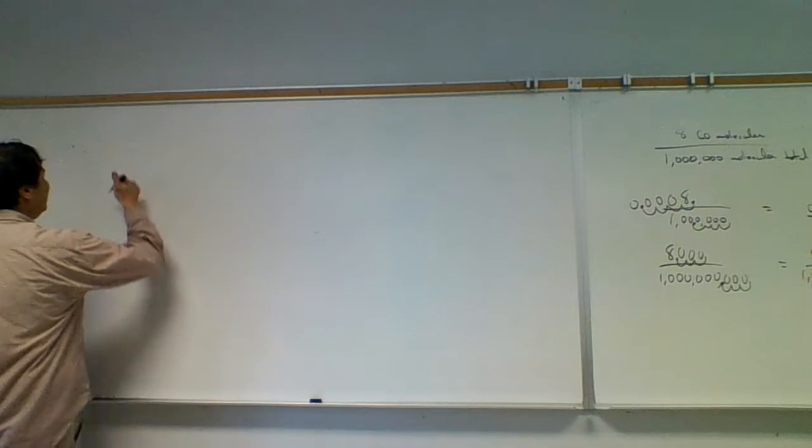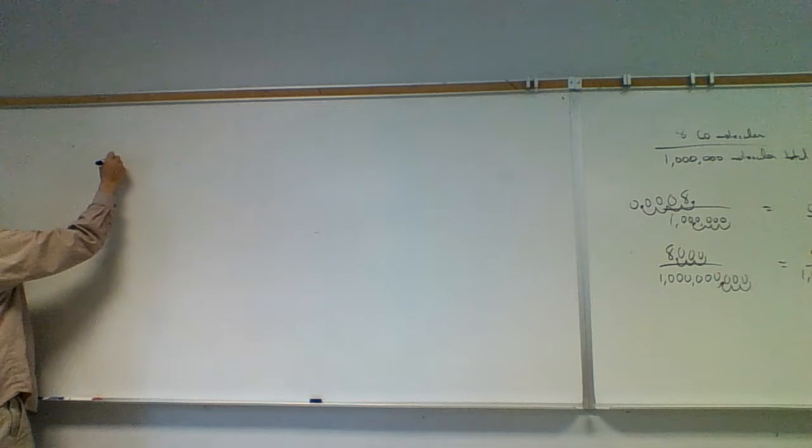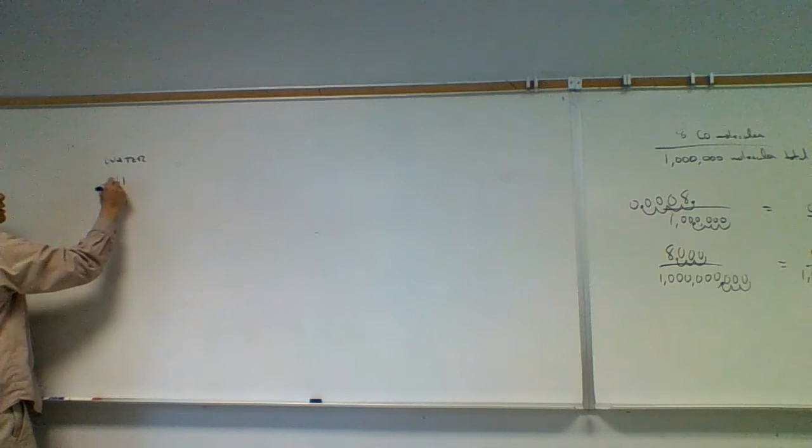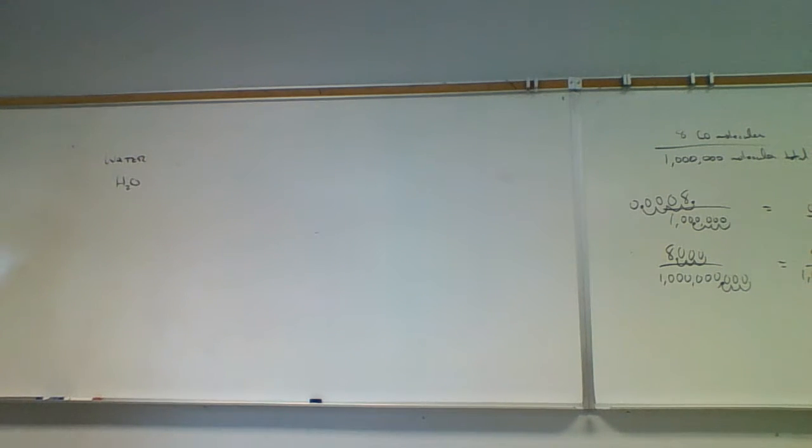So for example, some people might think of water as a mixture of hydrogen and oxygen. There are 2 hydrogens, 1 oxygen, but is it a mixture? No, water is not a mixture because the amount of hydrogen and the amount of oxygen is fixed, not variable.